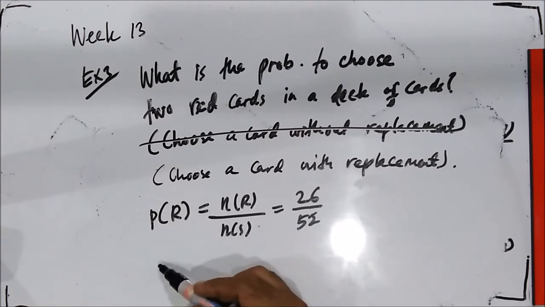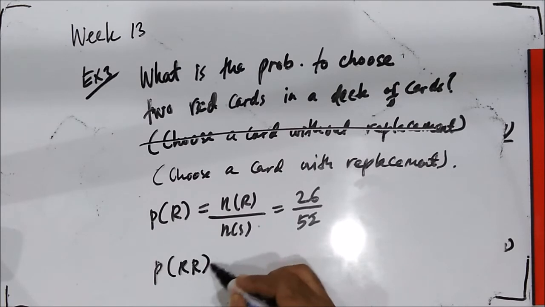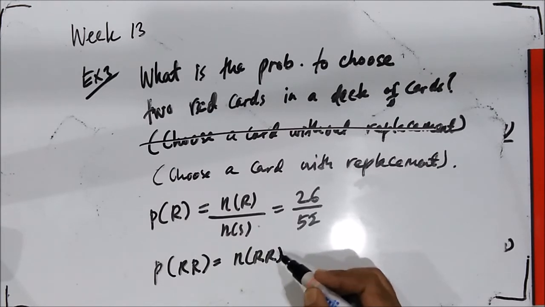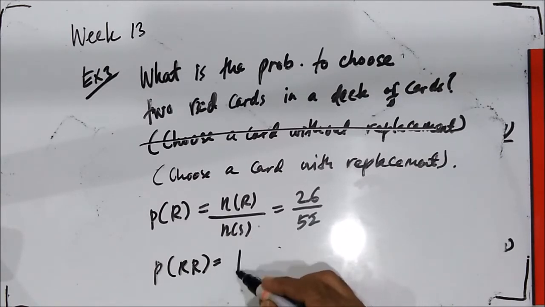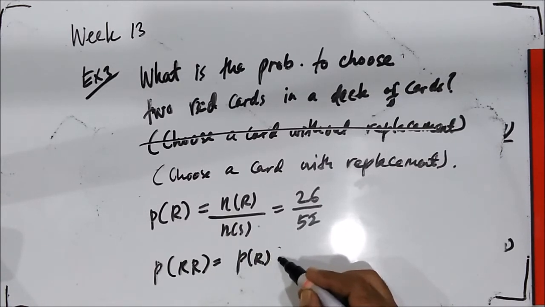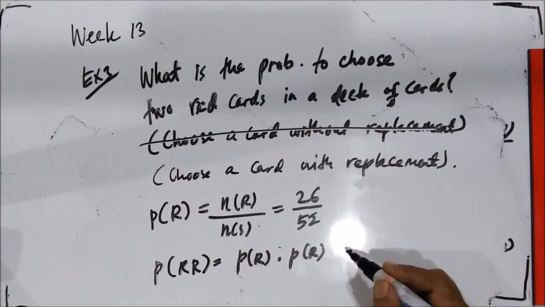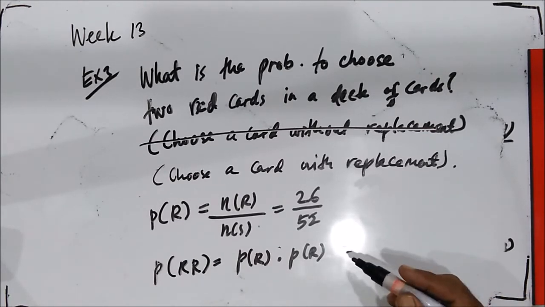Now the probability of getting two red cards, where the first selection is red and the second selection is red, is the number of red for the first selection and the number of red for the second selection divided by n. So this can be written as the probability of red in the first selection multiplied by the probability of red in the second selection. So if I select a card from the deck of cards, then I replace it.